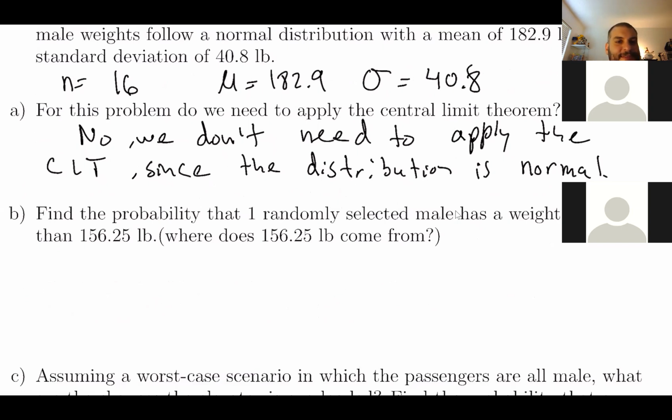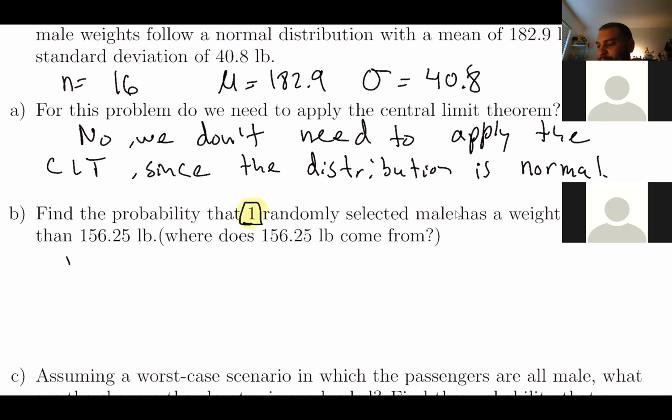So for B, it says find the probability that one randomly selected male has a weight greater than 156.25 pounds. So for this one, how many males am I randomly selecting? 1. Perfect.